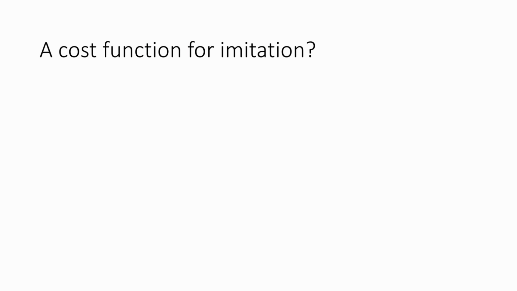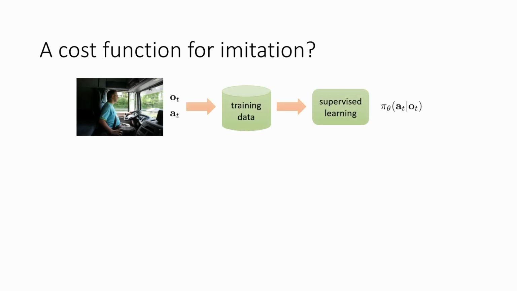The thing that I want to talk about today, though, to round out our discussion, is to tie this notion of costs back to imitation learning. In some ways, costs and rewards provide us with a more general way to specify what kind of behavior we want. Can we actually define a cost function or a reward function for imitation learning and study the degree to which imitation learning algorithms actually optimize that cost or reward? In imitation learning, as you recall, somebody provides us with actions for their observations.